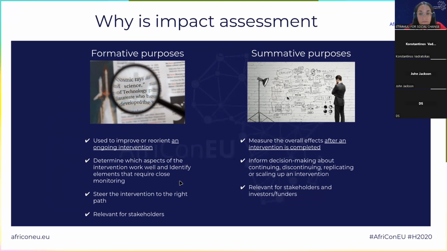And on a summative level, impact assessment looks at the big picture, and it is used to assess the overall implication of an intervention that is completed, which is also important for informing stakeholders' decisions, but it's also crucial for reporting to the project's funders and attracting new investors. So, having established what impact assessment is and why it matters, let's find out how to design an impact assessment plan.